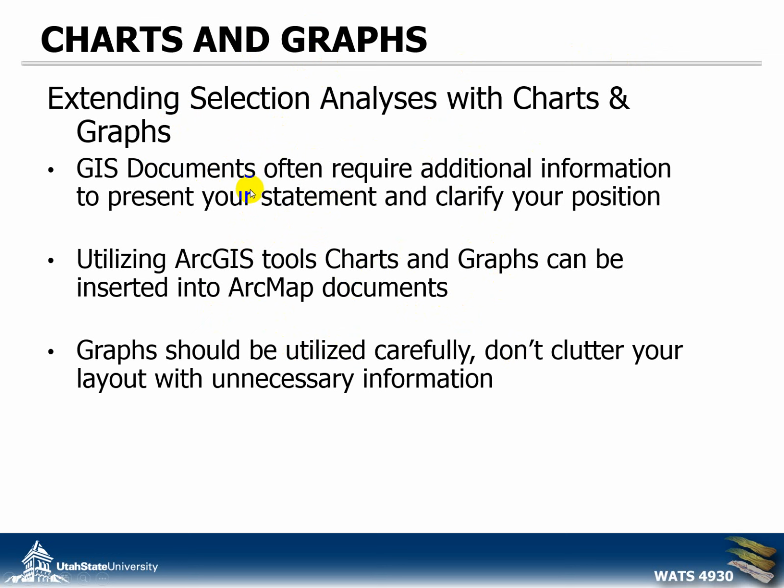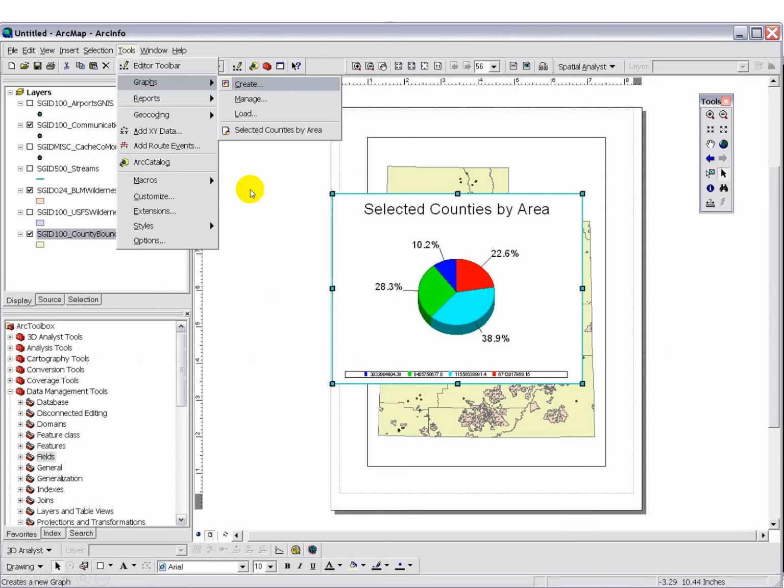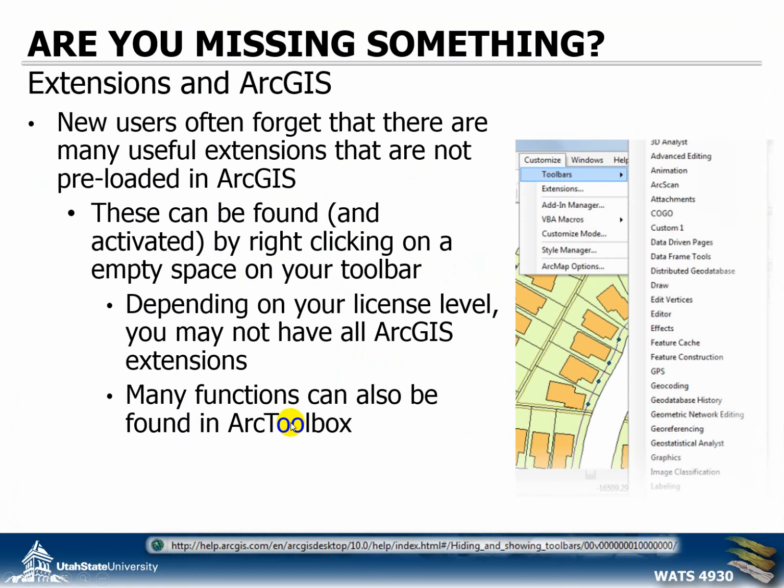But you can do this within your map document. For example, you can go to Tools, Graphs, and Create, and you can create a graph. You can create graphs using all the data in a particular data set or using a selection of data, and we've just talked about different ways to do selections.